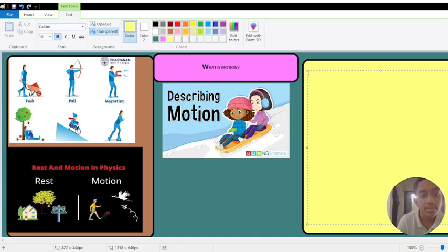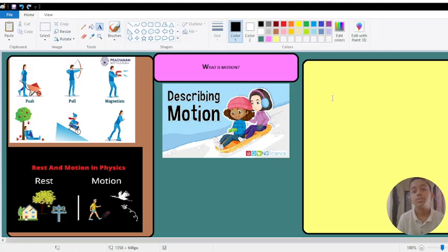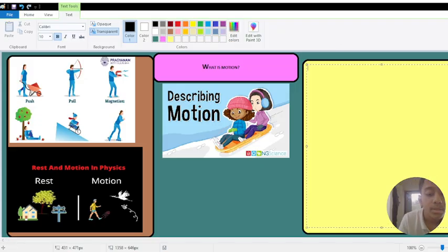Let's start with it. What is motion? Motion means the subject moves from one place to another.